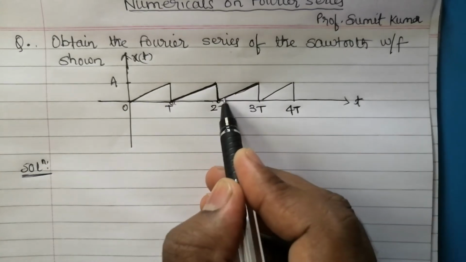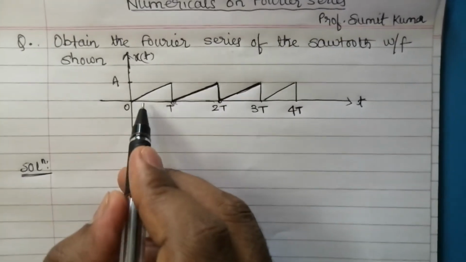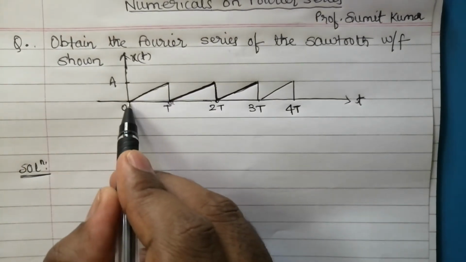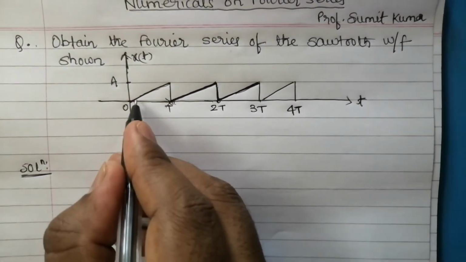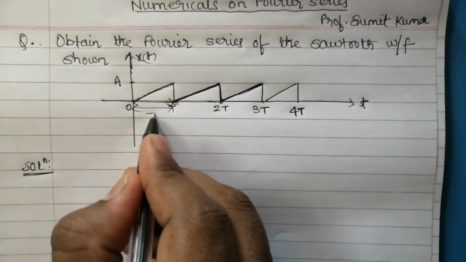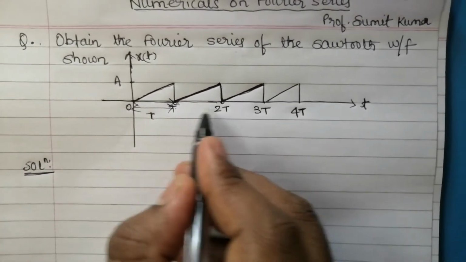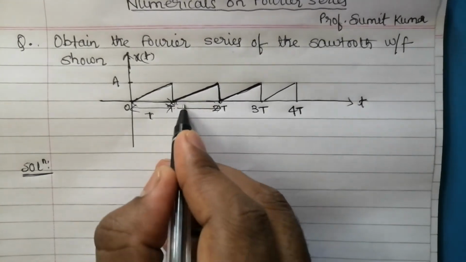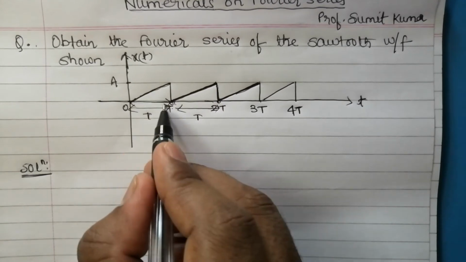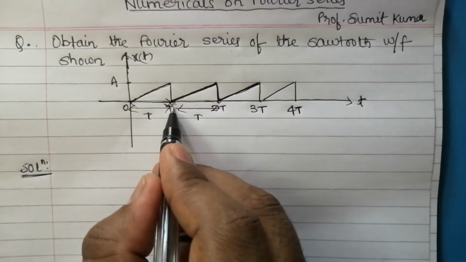Here we have observed that the signal is available for T time, that is T minus 0 is T. Again this much time is 2T minus T, that is again T. So it is repeating itself after every T seconds.